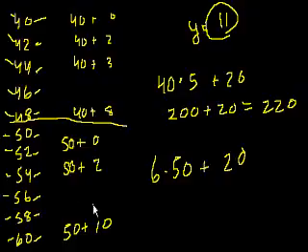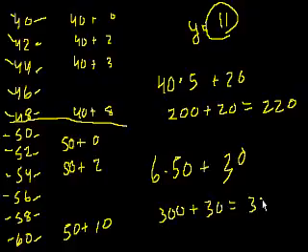Sorry, plus 10. Don't want to get careless. There's 6 of these, and it's plus 0, plus 2, plus 4, plus 6, plus 8, plus 10. So 2 plus 4 plus 6 plus 8 plus 10 is 30. So 6 times 50 is 300, plus 30 is equal to 330.